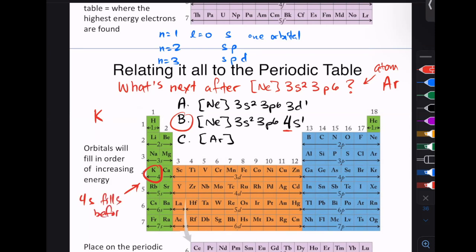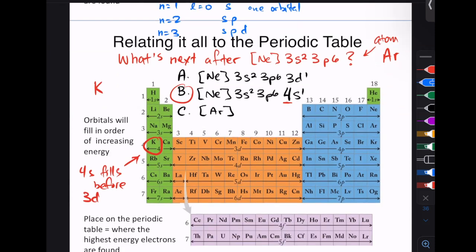before 3D. And the explanation for that in words is that 3D is a slightly higher energy level than 4S.